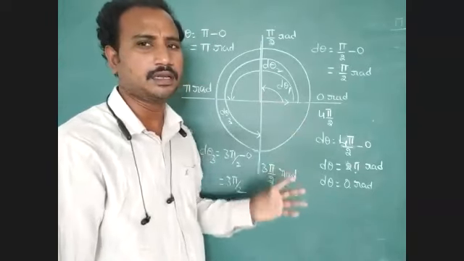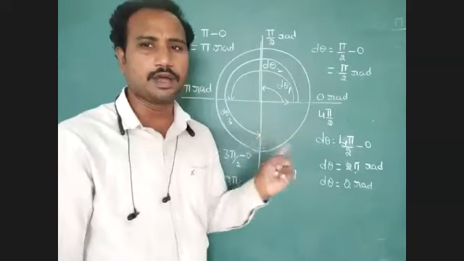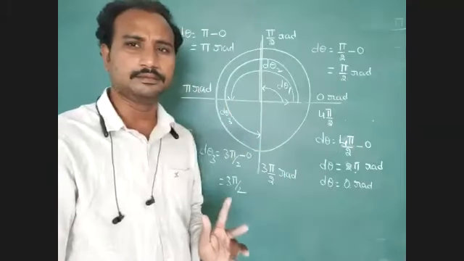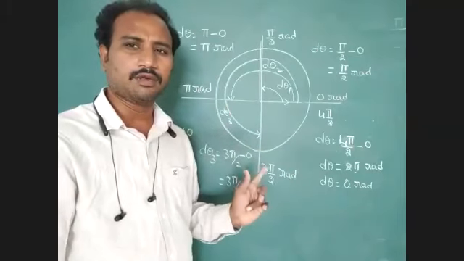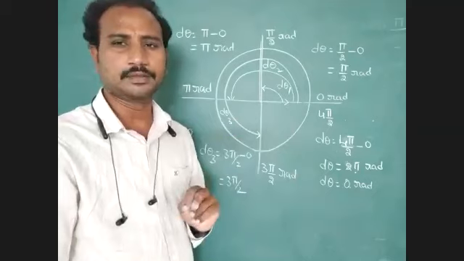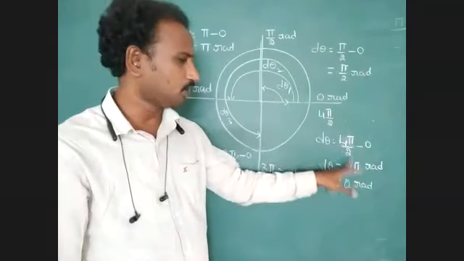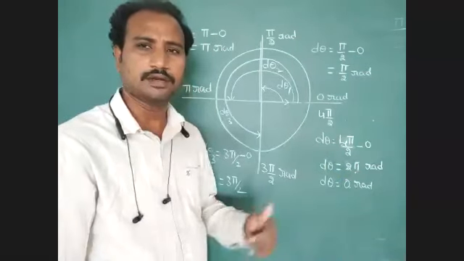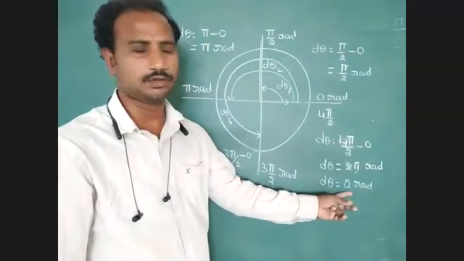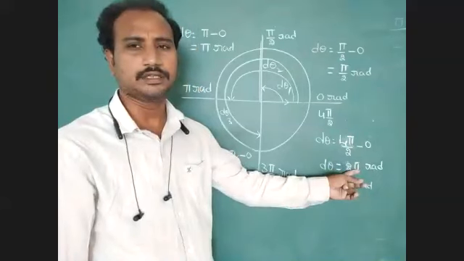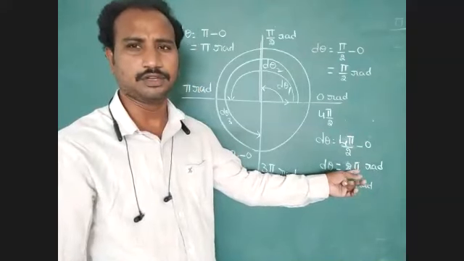Because of that, sin 0 degree equals sin 2 pi. Cos 0 equals cos 2 pi. Tan 0 equals tan 2 pi. Yes or no? Sin 0 degree value is how much? 0.